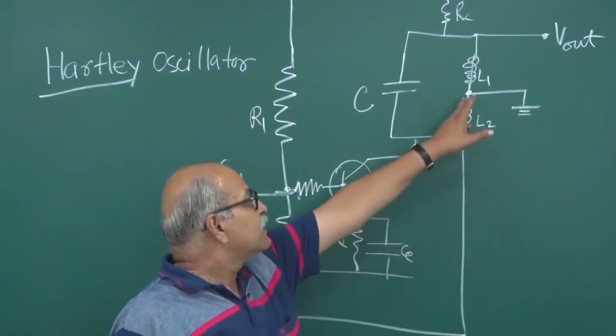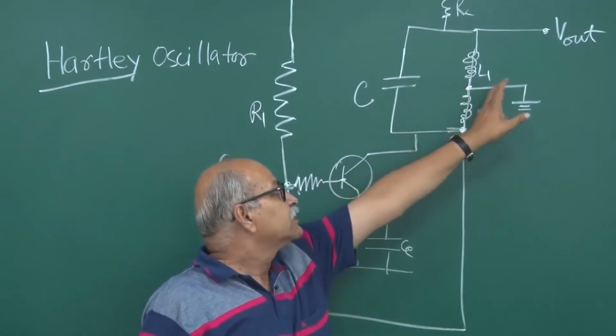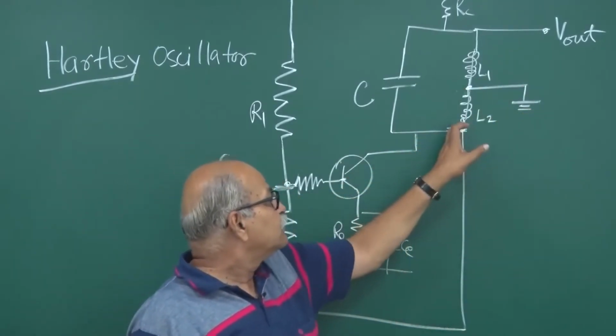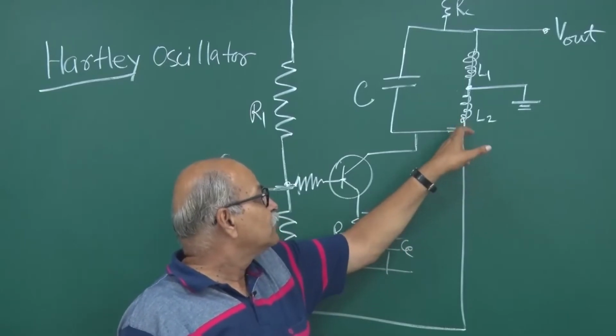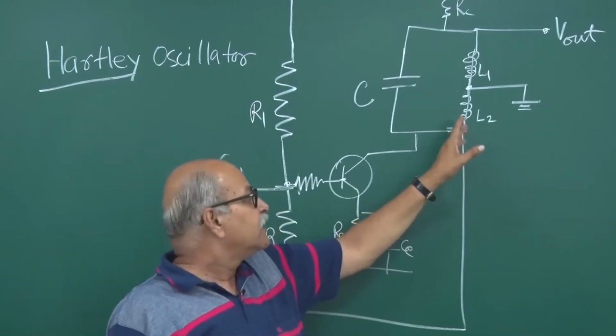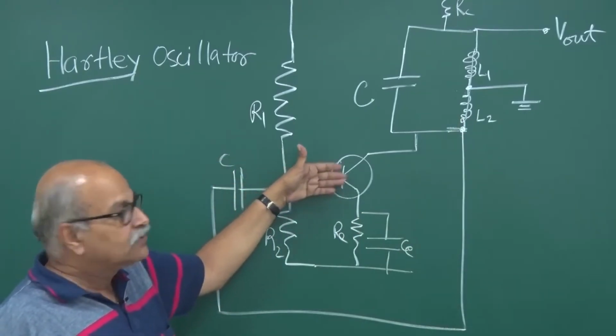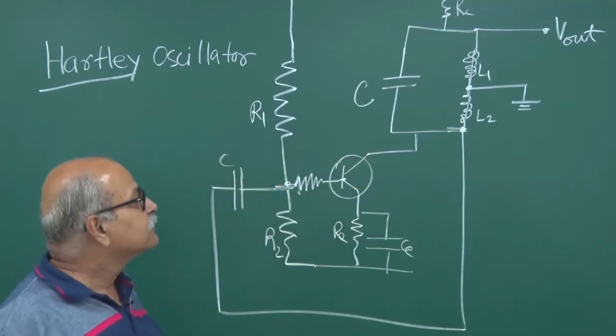Right, so the feedback is coming from here. This point is at ground potential, at zero potential, and then this point is at some voltage which is changing in time, and that is joined to the biasing of the base. So that is the feedback network.